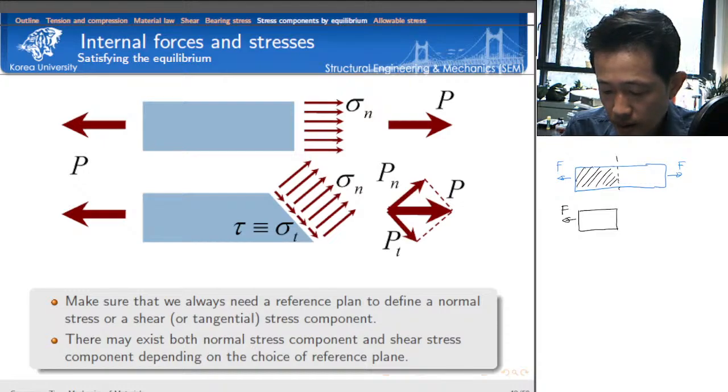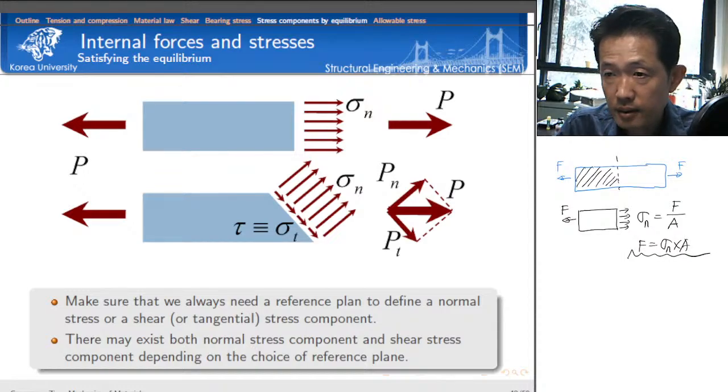And if you consider force equilibrium, we can conclude that there must be a normal stress equal to the force divided by the cross-section area. So force equilibrium says that the force is equal to the normal stress times the cross-section area, right? That's what we discussed last time.